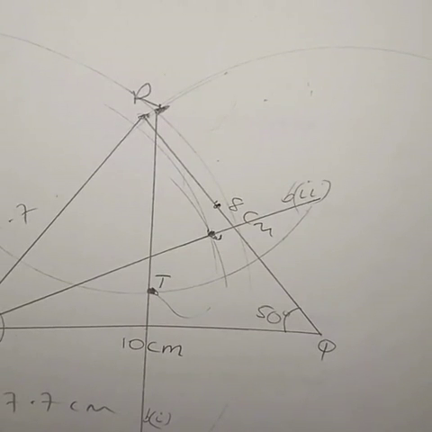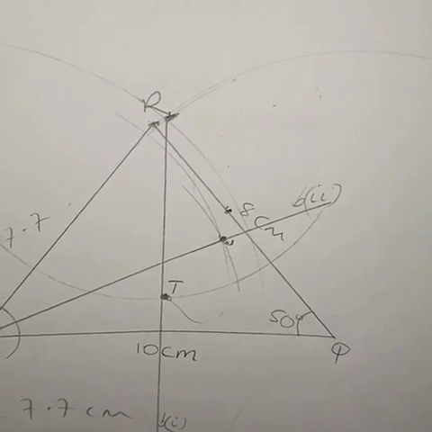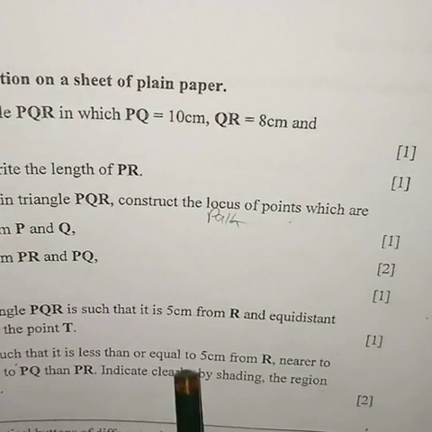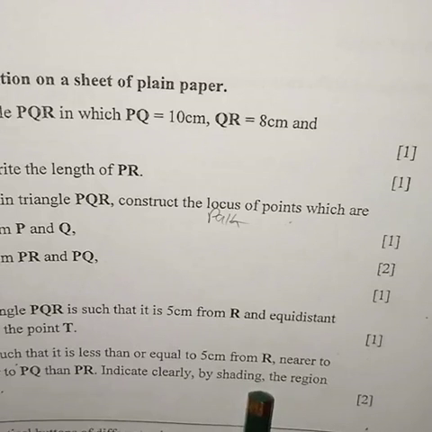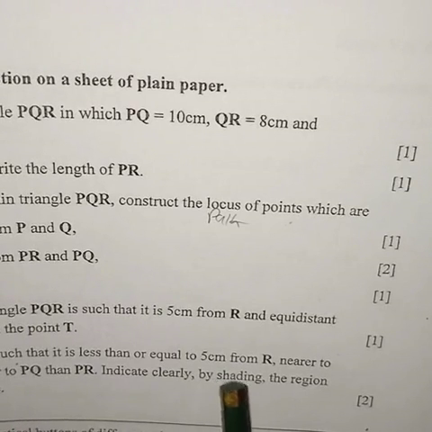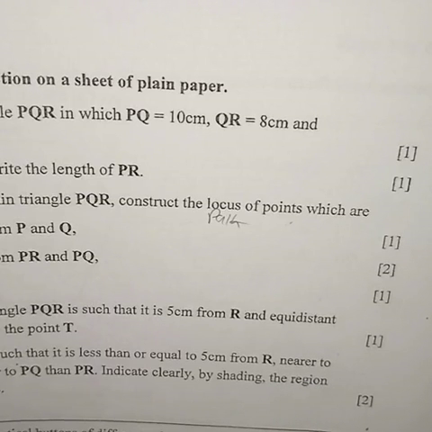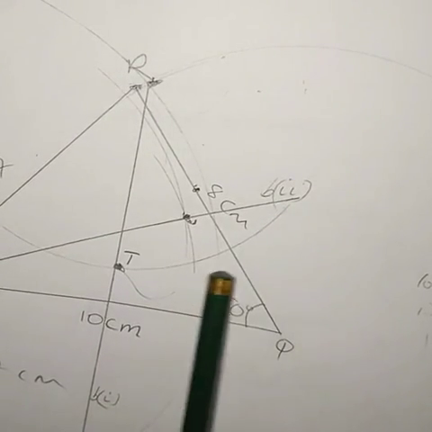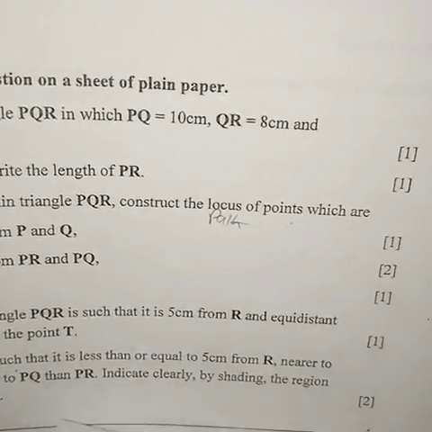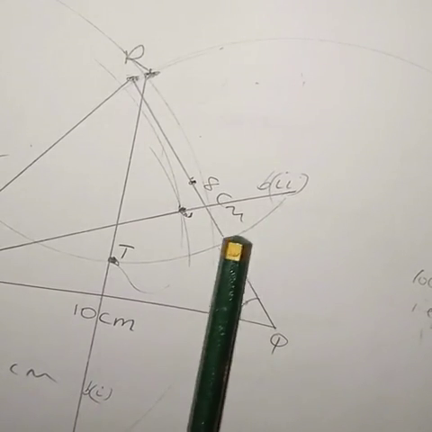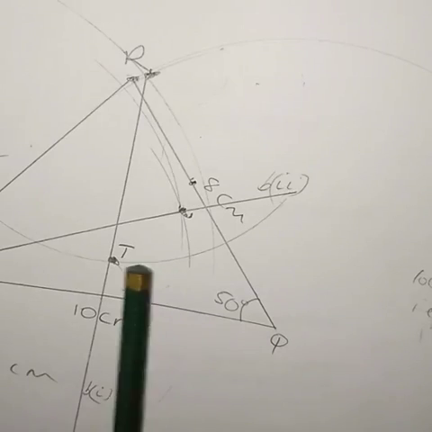Then next they are talking about another point is such that it is less than or equal to 5 centimeters from R, nearer to Q than P, right? 5 centimeters from R is here and nearer to Q and P. It is near to Q and P. 5 centimeters is here and they're saying it is near to P and Q. So you've seen your target somewhere here.